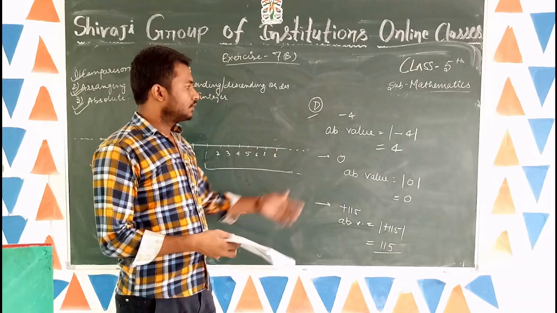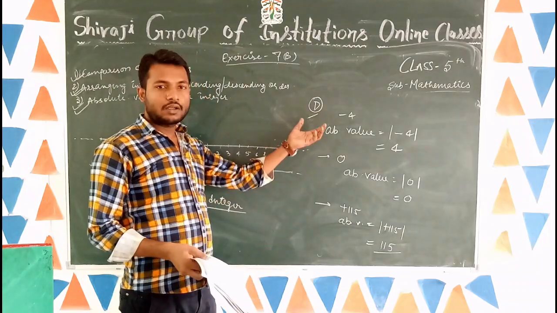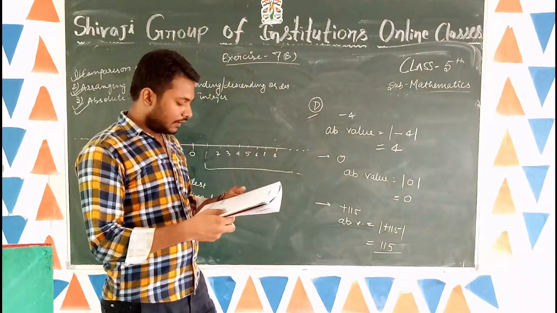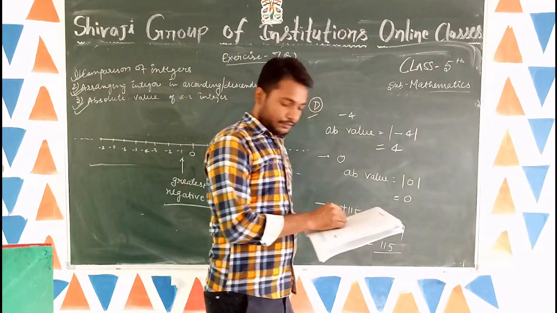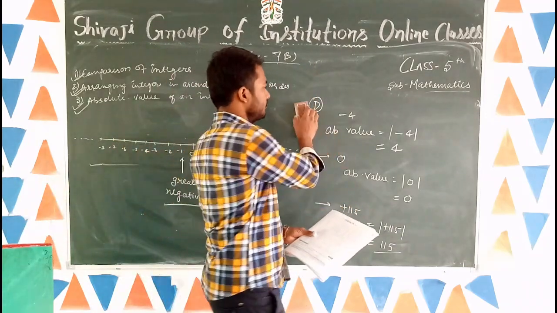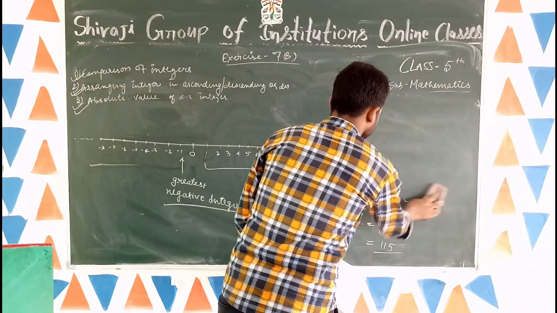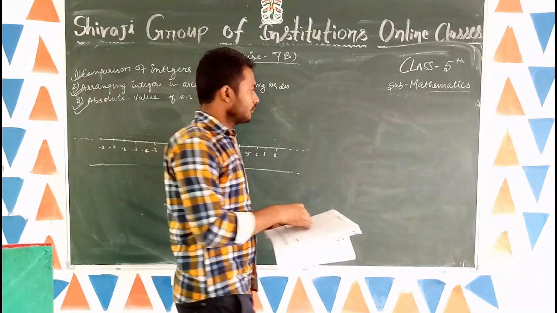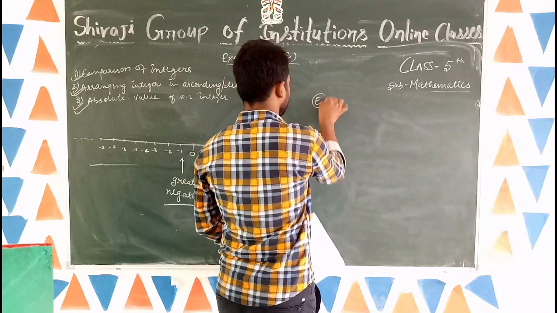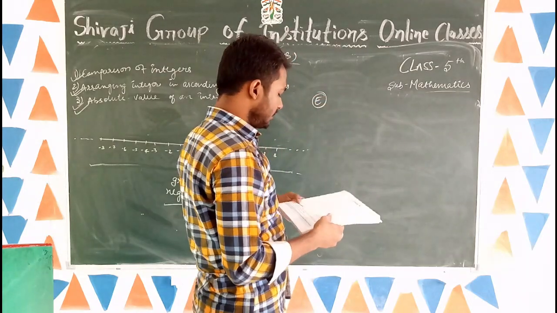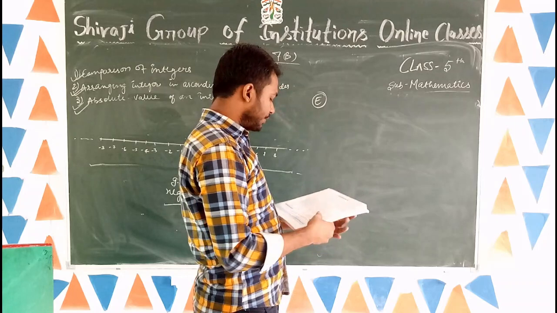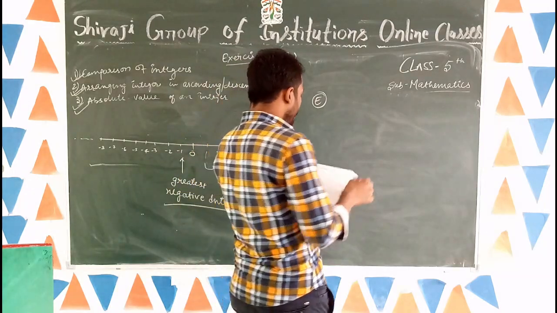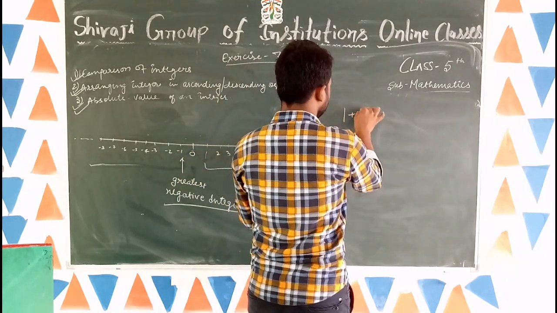Okay students, so we will solve all the questions in this manner. And question number E. Question number E is same as question number D. To find the value of mod +12.